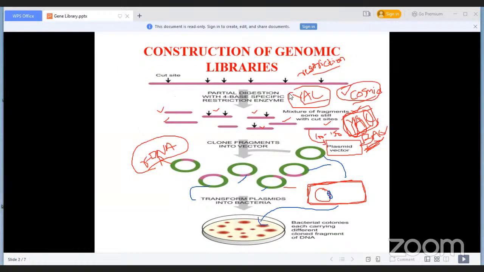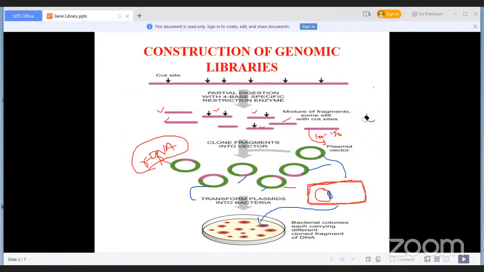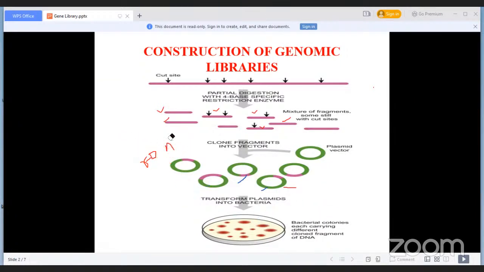After construction, next what? Screening. There are two steps in genomic library, and also two steps in cDNA library.